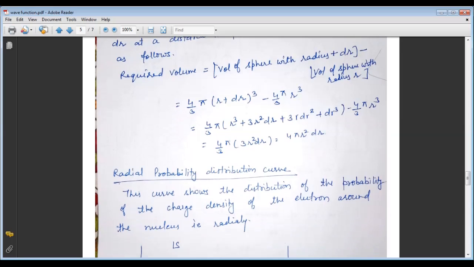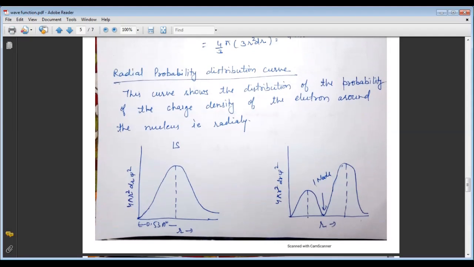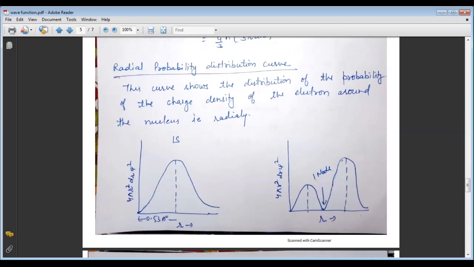The radial probability distribution curves for the 1s, 2s, 2p, 3s, 3p and 3d orbitals of the hydrogen atom can be drawn.